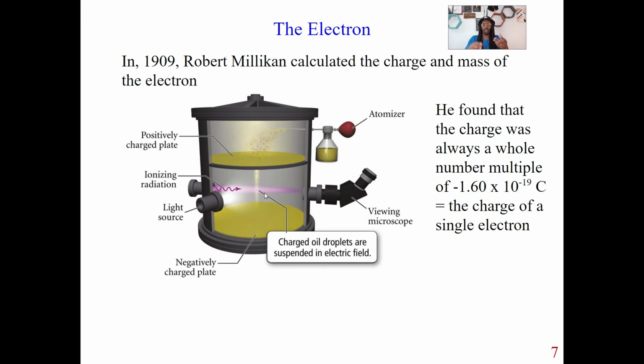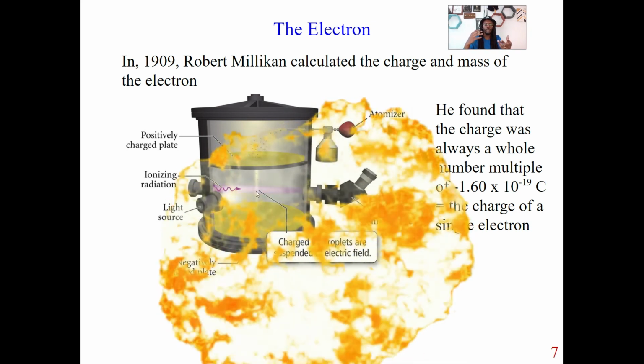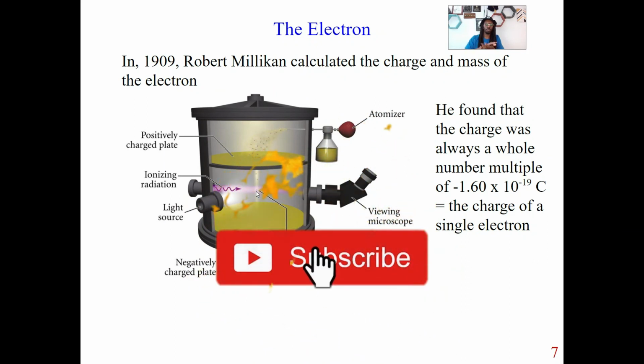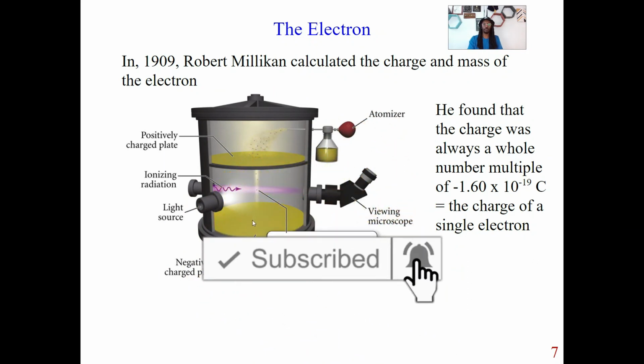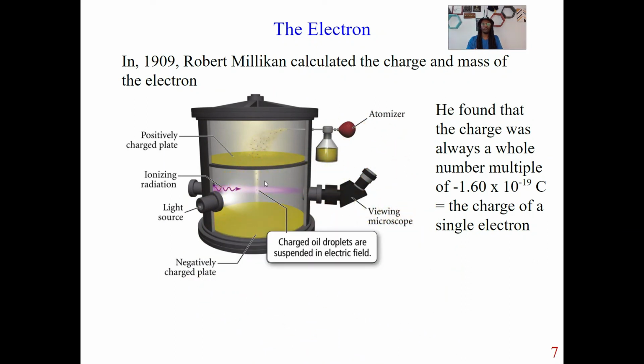That's because if the oil droplets have electrons, which we now know are negatively charged, they will be repelled from the negative charge plate. That's what we saw here with those oil droplets being suspended.